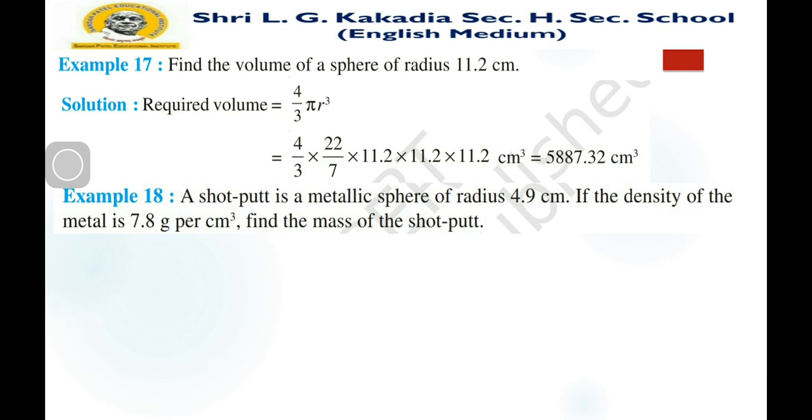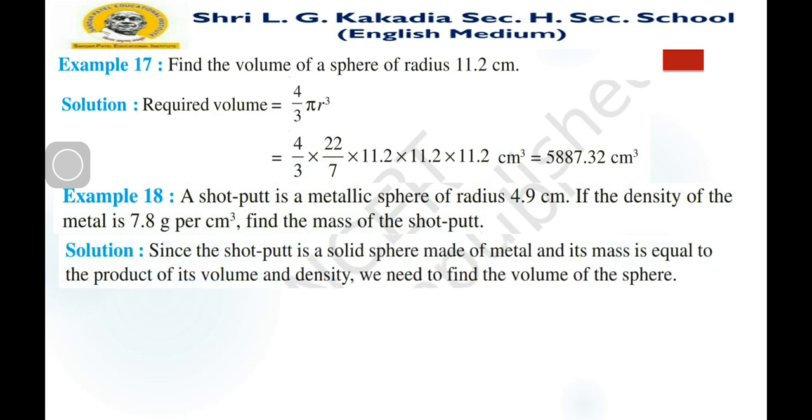Now we have the density of the given metal, so we first have to find the volume of the given metallic sphere. After that we can find the mass of this sphere, as given here 1 centimeter cube contains a mass of 7.8 grams. So first we find the volume of the given metallic sphere.